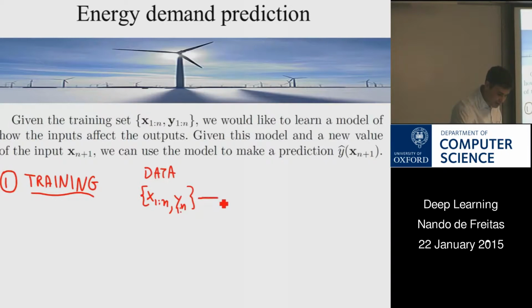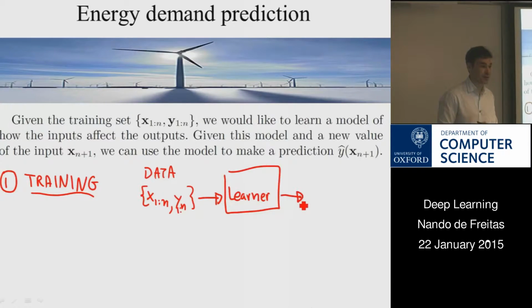This gets put as an input to what we're going to call the learner. And what we're going to learn is a model. Quite often, and it will be the case in this course, not necessarily always, but certainly in this course, the model will have parameters.